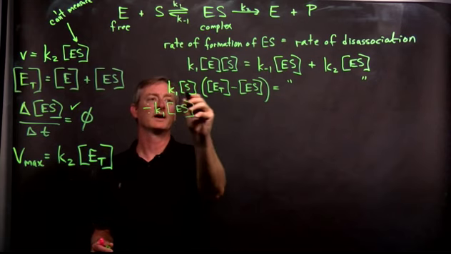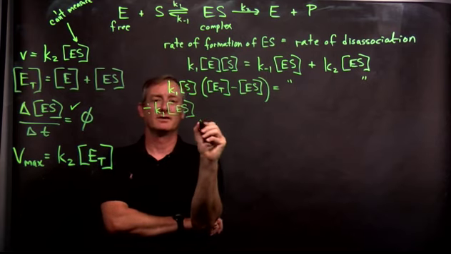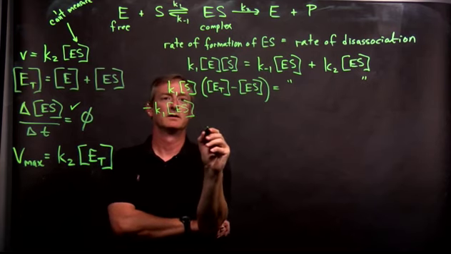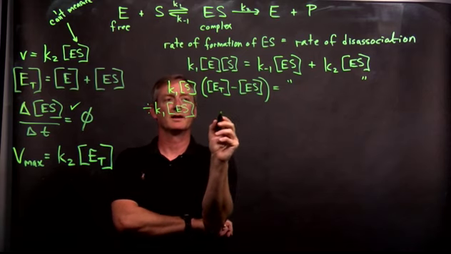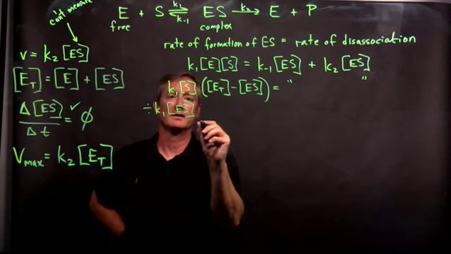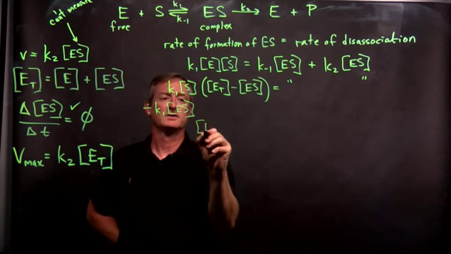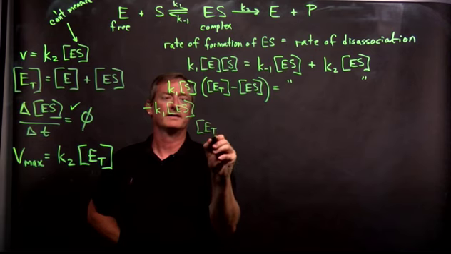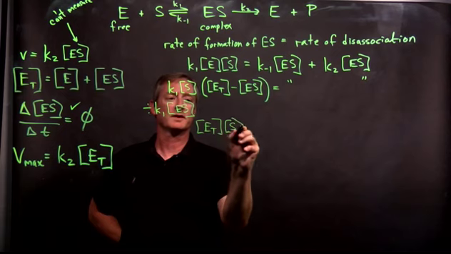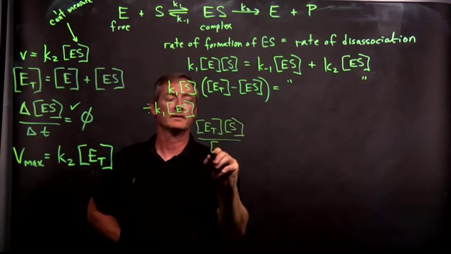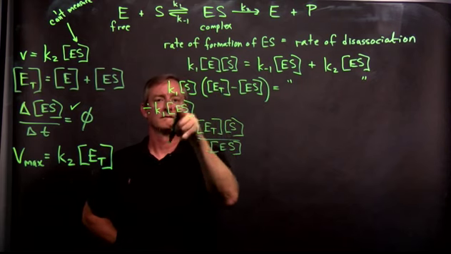If I divide the left side of this equation by that and multiply the whole thing out, I'll get the concentration of total enzyme times the concentration of substrate over the enzyme-substrate complex. That's this divided by that.